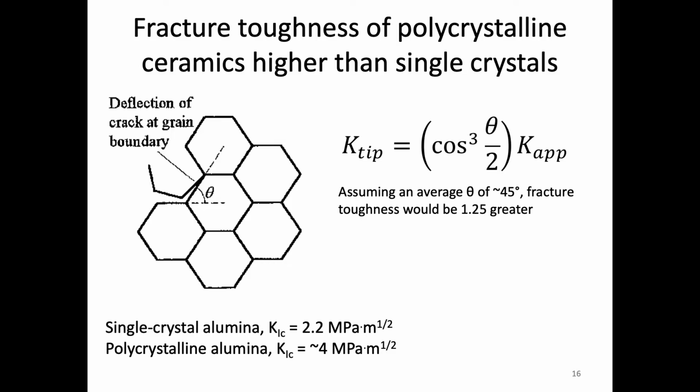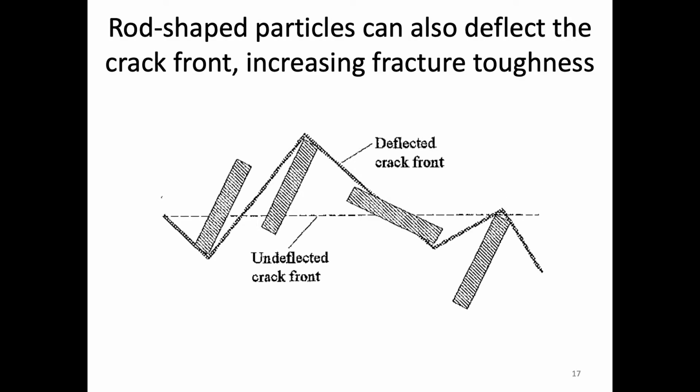But that's just one example of this type of mechanism. Another mechanism would be, let's say we have a matrix ceramic, so just a bulk ceramic, and then we put rod-shaped particles in that matrix. So we're basically putting an additive into this material. Here's our crack front, this dashed line.